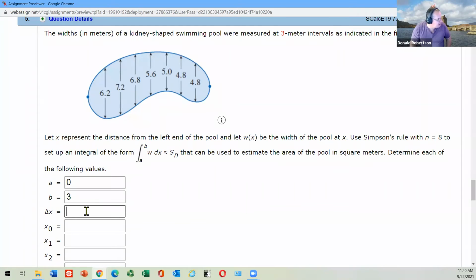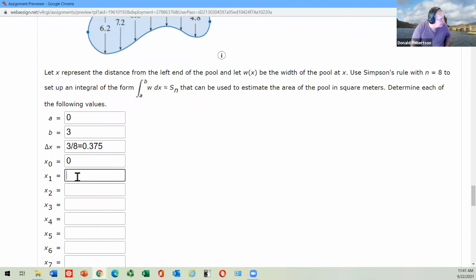Now, delta x then, if you take from x is 0 to the end, x equals 3, and you split it into 8 pieces, won't delta x be 3/8, which is what? 0.375. Now, this guy is going to be 0.